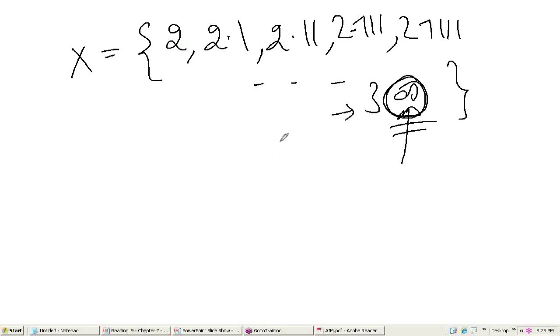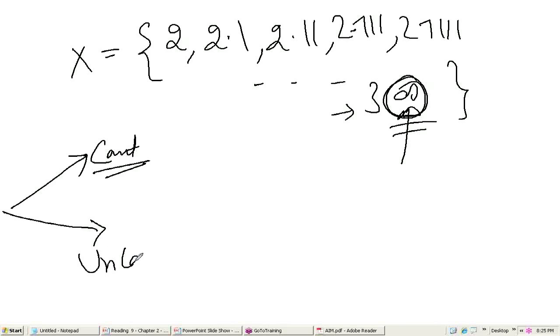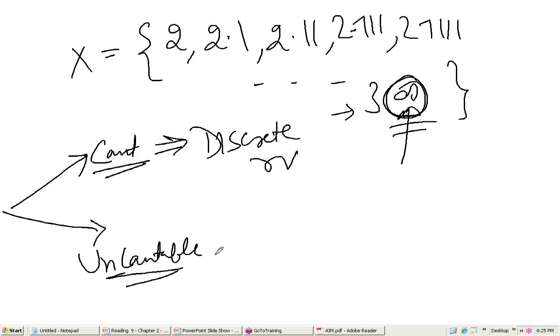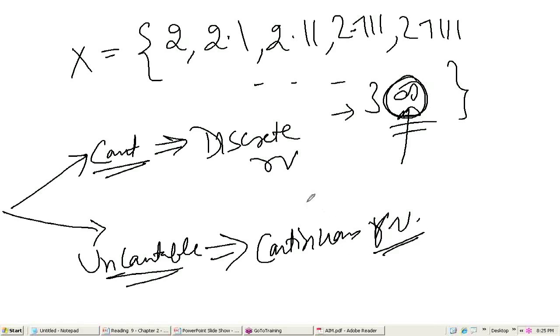So you have two types of random variable: in the first, the outcomes can be counted; in the second, the outcomes cannot be counted. When you can count the number of outcomes, it is called a discrete random variable. When it is uncountable, it is called a continuous random variable. For a continuous random variable, you will not be able to count the number of occurrences.